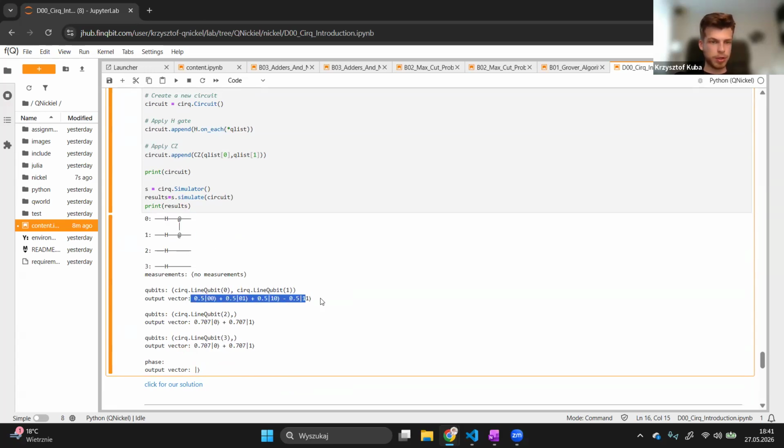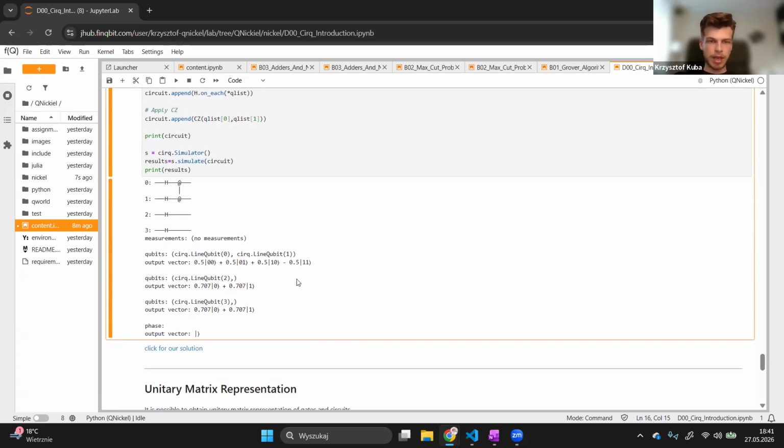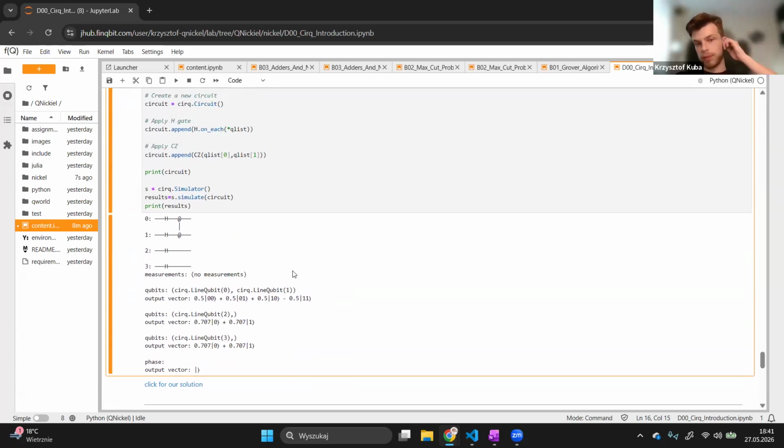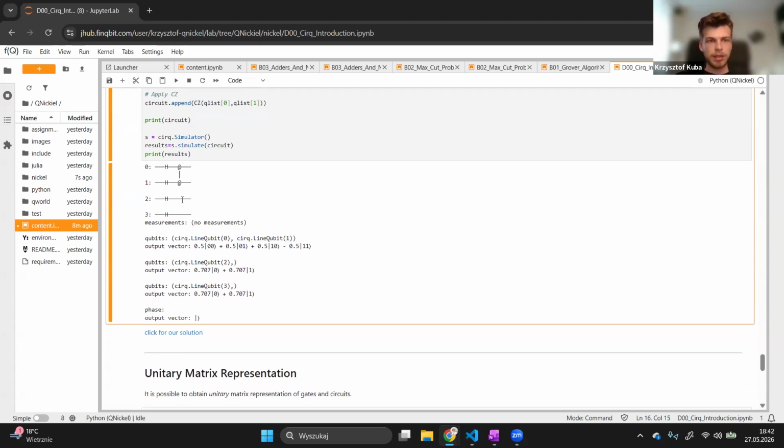So we have the superposition of 4 different states, and here we can also see the minus sign of the 1-1 phase. This will be very important for the Grover implementation, where we also would like to flip the sign of our search key, but we will cover that in a second. Later we also have the Hadamard gate on the second qubit, which is the state vector we already know, and likewise on the third qubit.